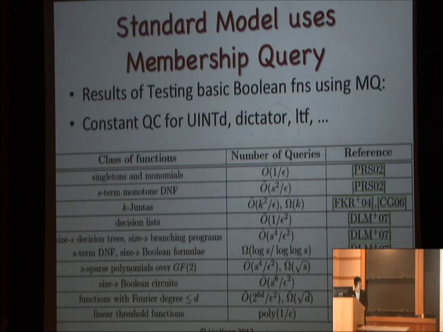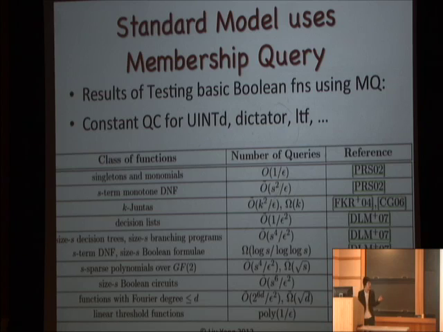So membership query has been the type of query people use in the standard testing model. Most testing algorithms rely on the ability to query functions on arbitrary points. In other words, we basically let the algorithm construct its own feature vectors and then ask the oracle the function value of it.